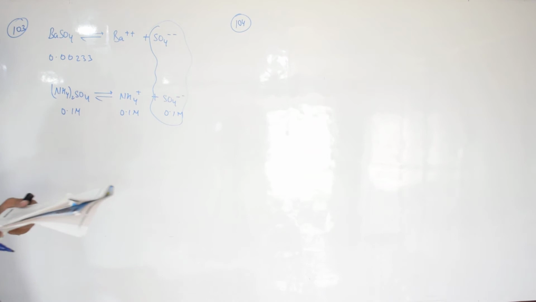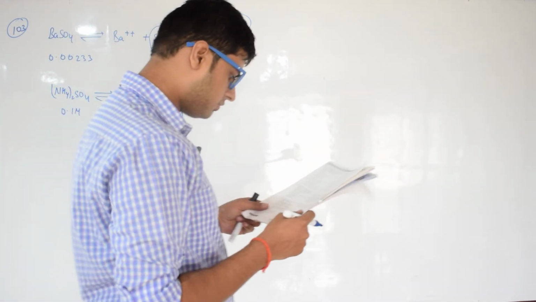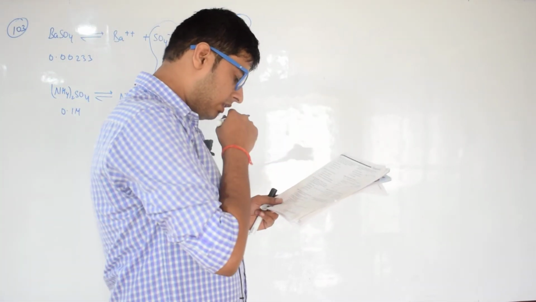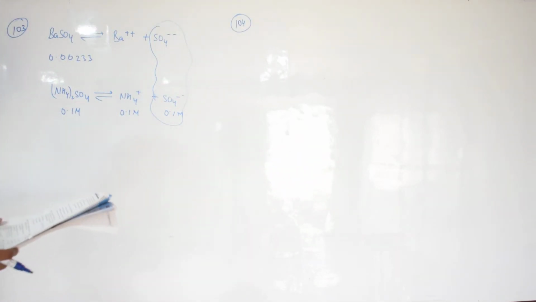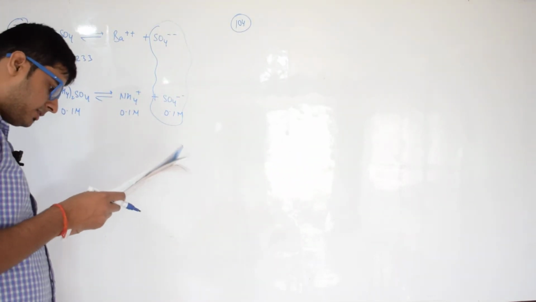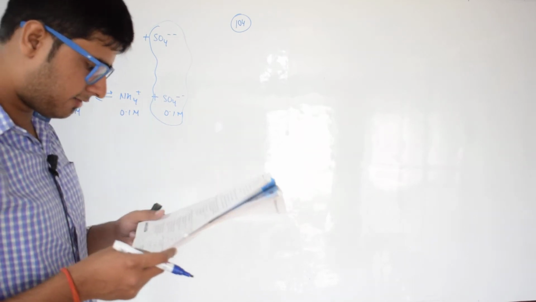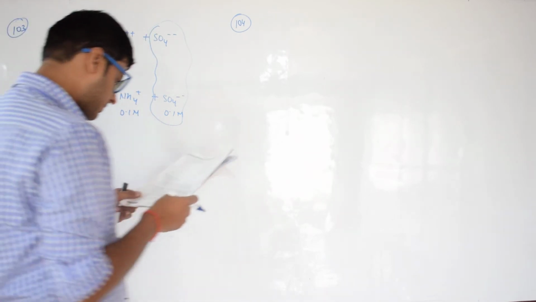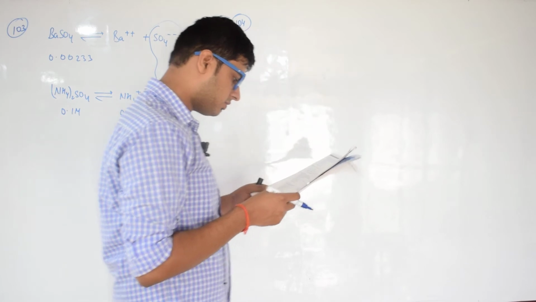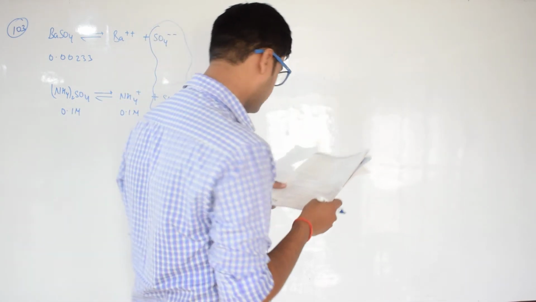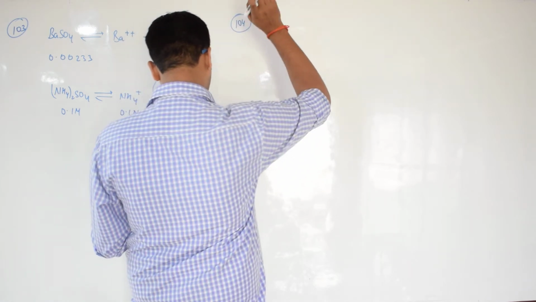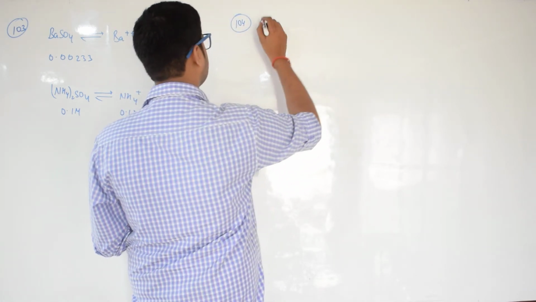A buffer solution has generally lost its usefulness when one component of the buffer pair is less than about 10% of the other. Okay. So, weak acids and their salts are better as buffer for pH less than 7.